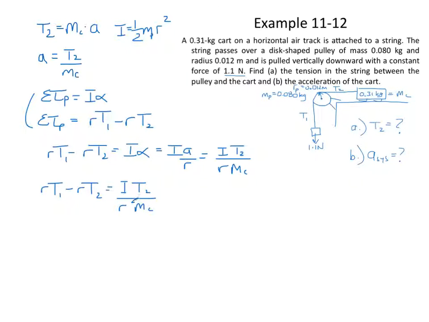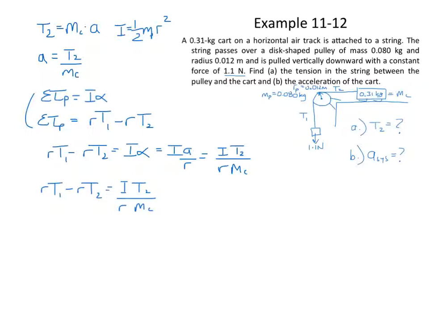T2 is what we're solving for. We know the radius and we know the mass of the cart, right? So let's see here. What we can do is we want to get these T2s together, right? So let's work on that.